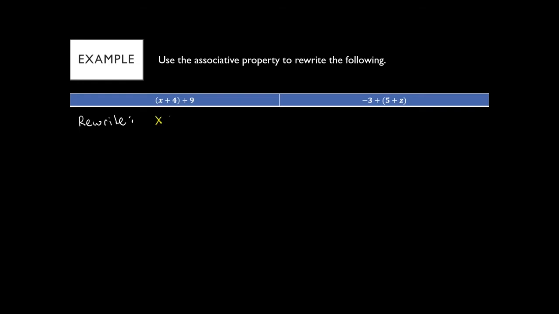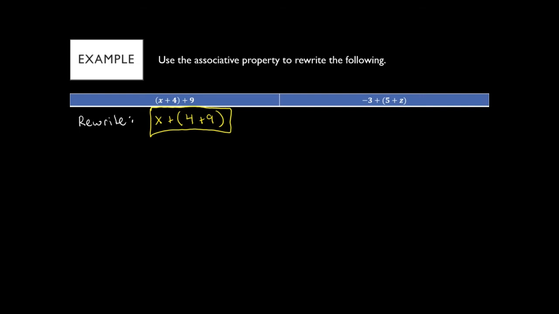So we would just rewrite it so that now the parentheses are around the 4 and the 9. So when it says to rewrite, that's all you are doing. You're just literally using the rule by writing it in its other form.